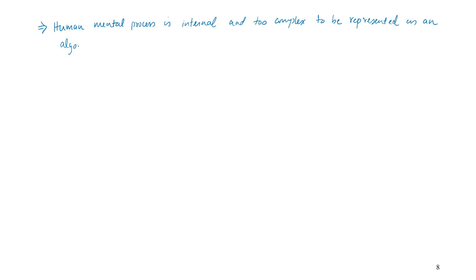So, continuing on, let us think about a couple more things. The human mental process is internal, and too complex to be represented as an algorithm. It is very difficult to represent it as an algorithm.